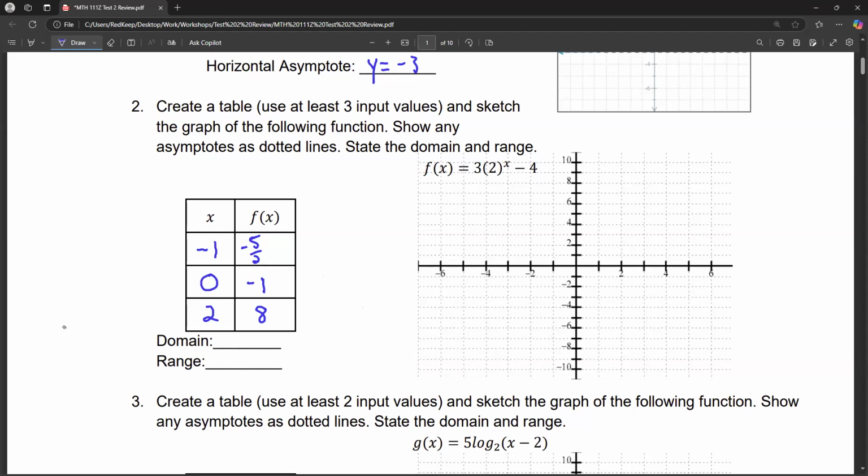One of the things that could be helpful for us as we're graphing this at least will be the horizontal asymptote that we know exists for exponential functions. So we'll definitely have to consider that. Let me go ahead though and at least plot these points to begin.